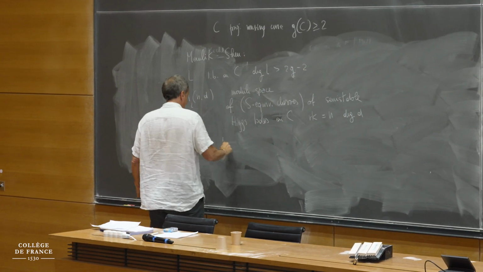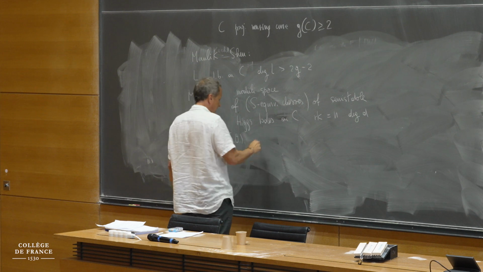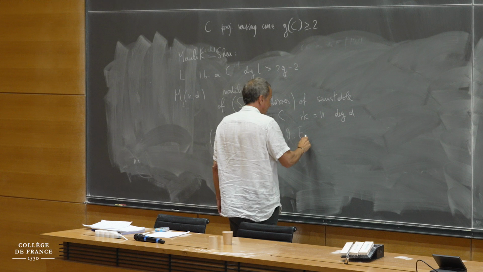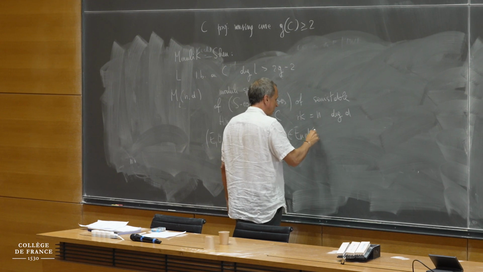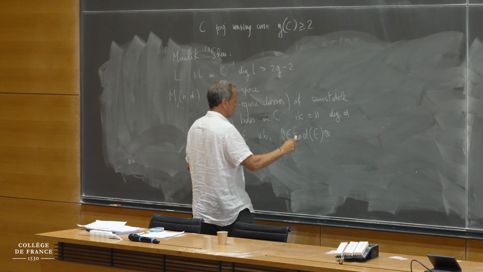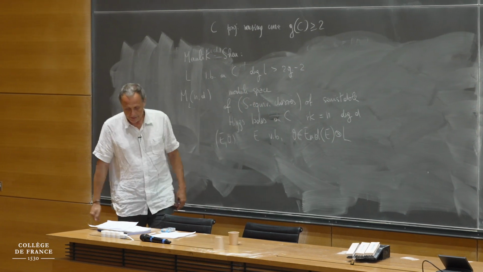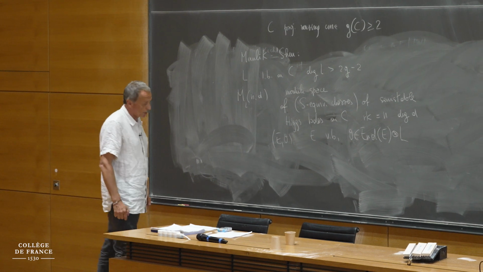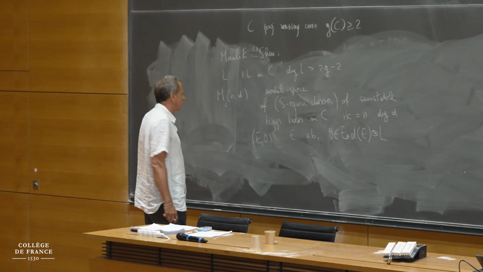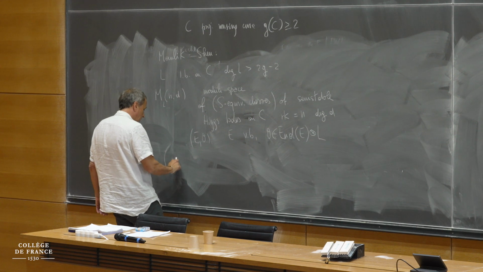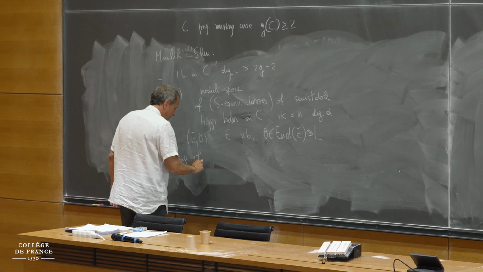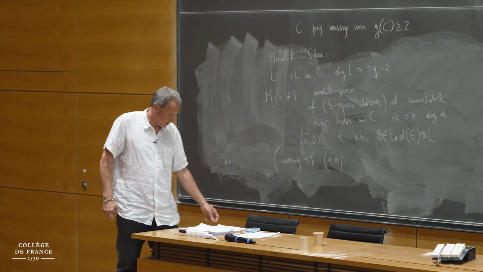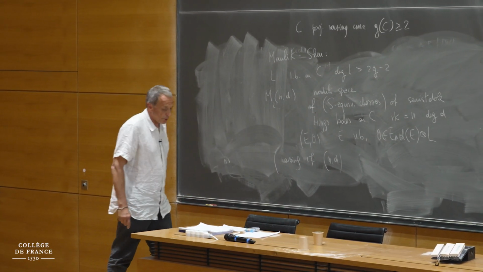Let me remind you that these are pairs (E, theta), where E is a vector bundle and theta is an endomorphism twisted by L. These moduli spaces are quasi-projective varieties, non-singular if rank and degree are coprime, in which case stable is the same as semi-stable.